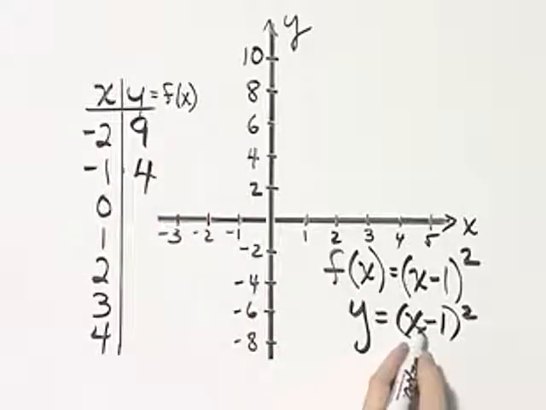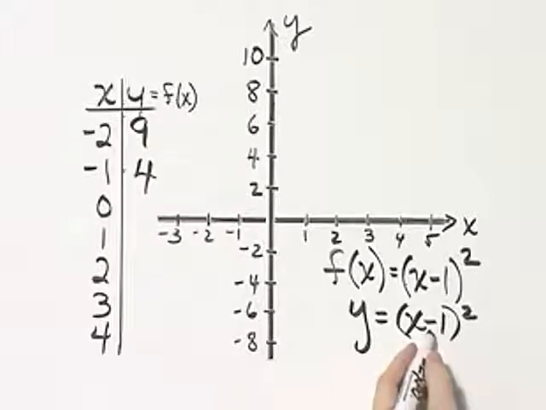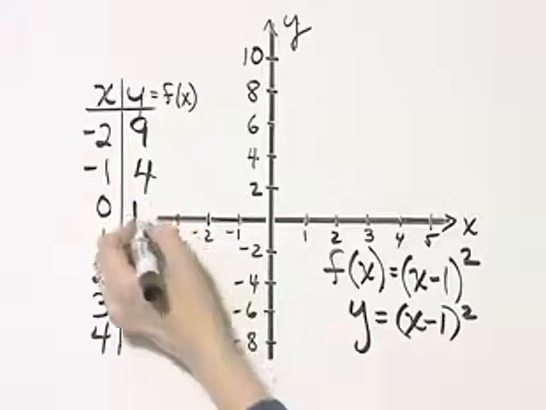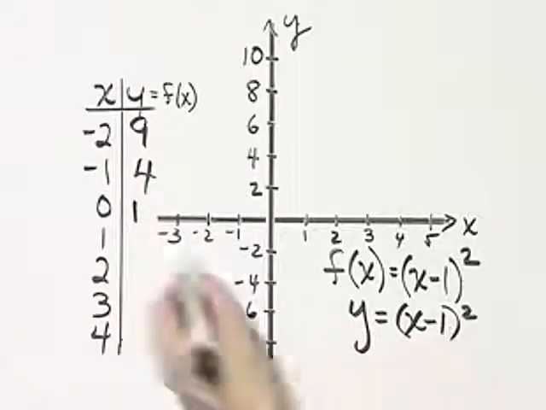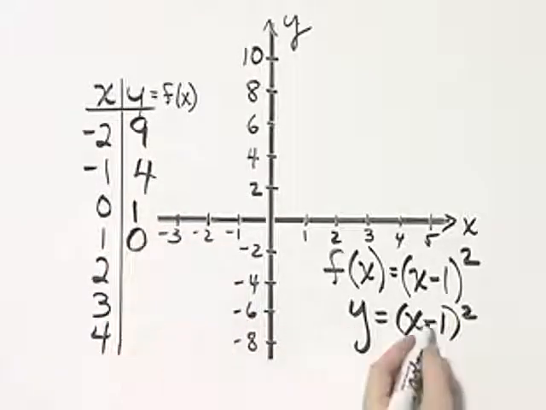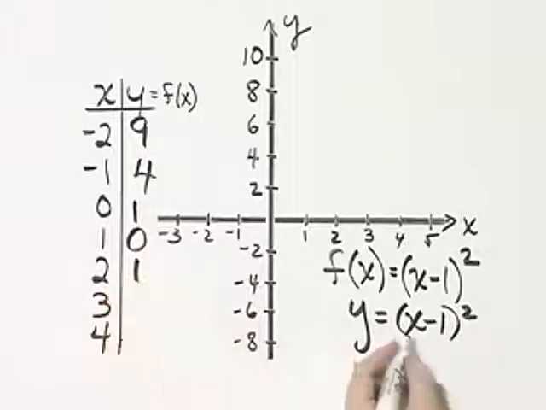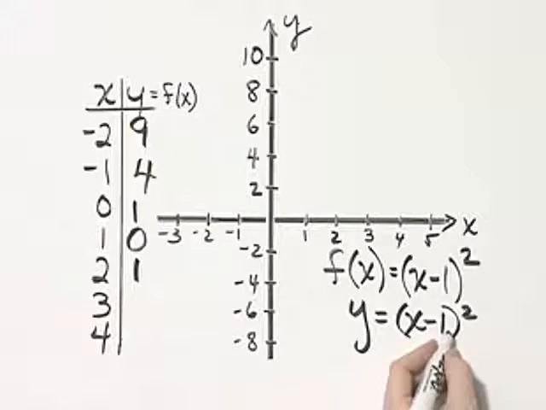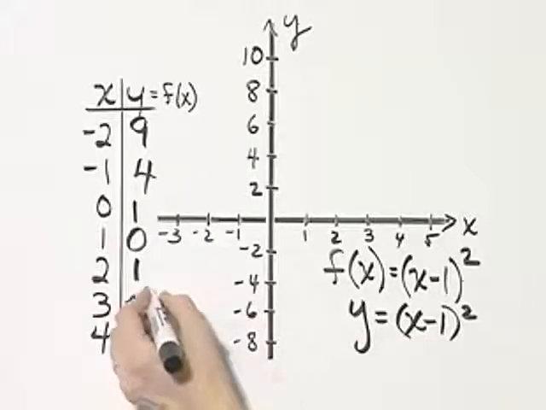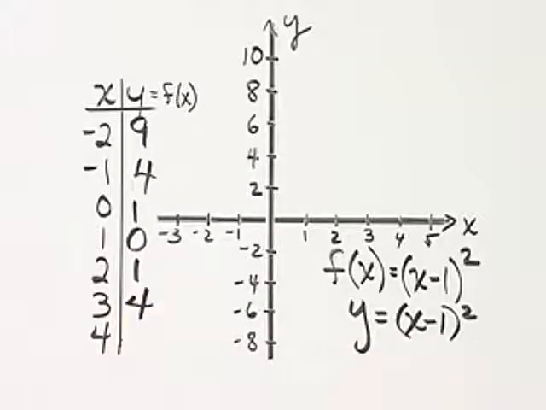If x is 0, 0 minus 1 is negative 1, and negative 1 quantity squared is 1. 1 minus 1 is 0, 0 squared is 0. 2 minus 1 is 1, 1 squared is 1. 3 minus 1 is 2, 2 squared is 4, and 4 minus 1 is 3, 3 squared is 9.